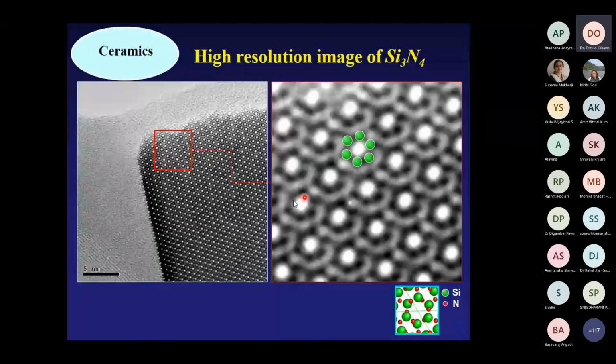And this is also an example of high resolution imaging for ceramics observation. The specimen was hexagonal silicon nitride in the 100 orientation. This is a lower magnification. When this small area is magnified, we can clearly observe the hexagonal black dot structure, compared with the atomic arrangement model. Green corresponds to the silicon atom, red corresponds to the nitrogen atom location.